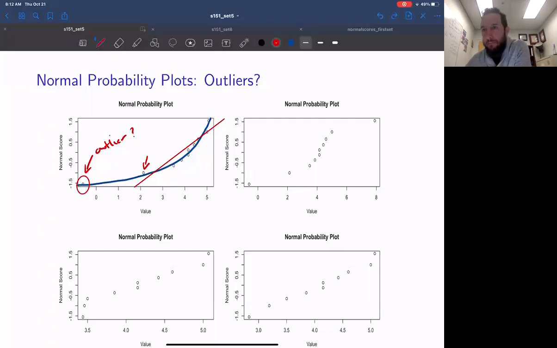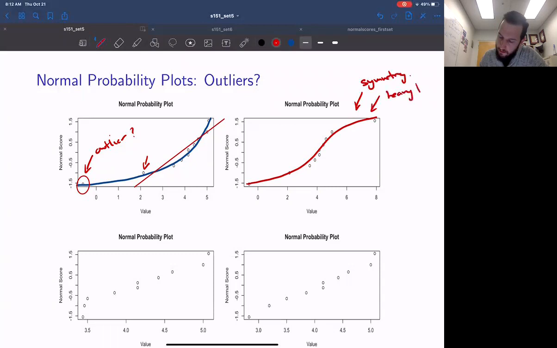Okay, second plot, it's the same idea, and this is just subjectivity over and over again. Here we kind of have what we would describe as an S pattern. This particular relationship is an interesting one because this indicates symmetry, but it also indicates what we would call heavy tails.